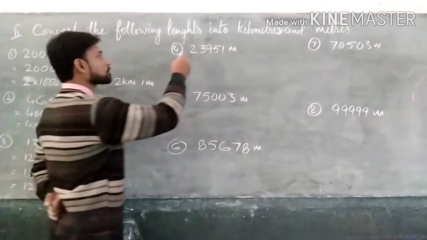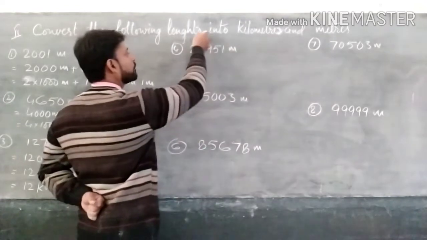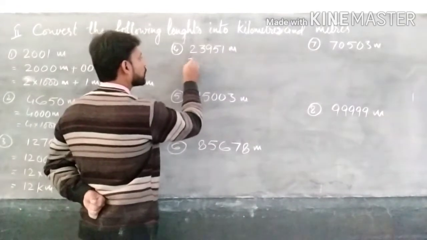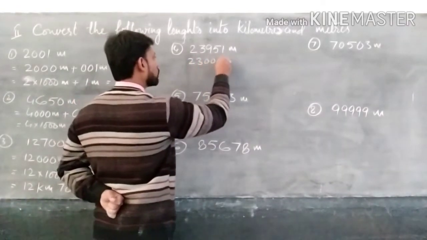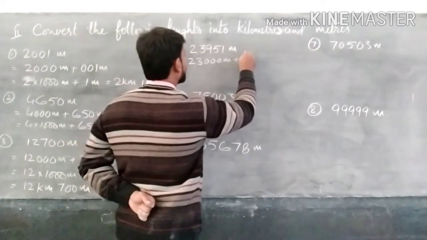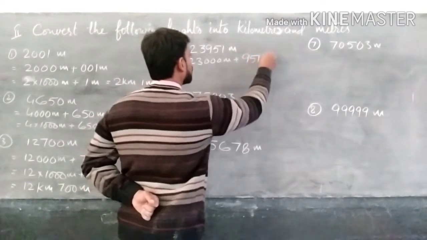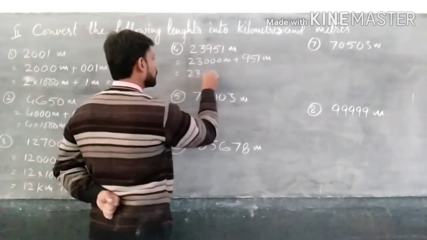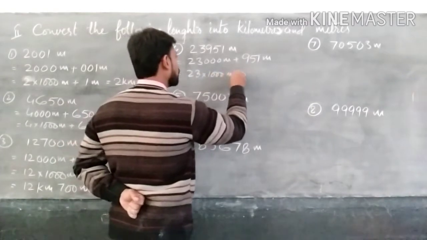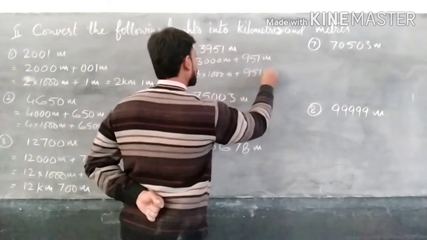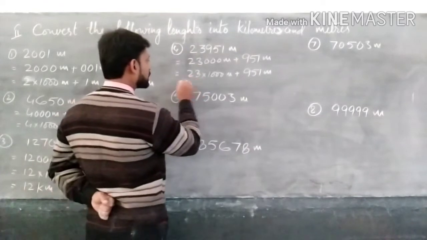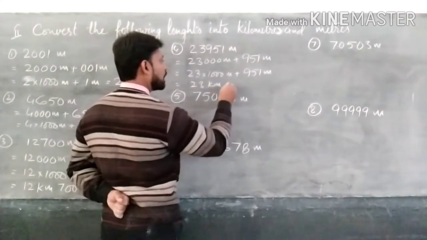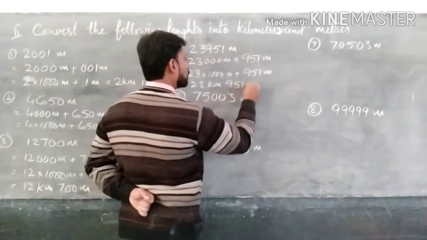Now next question, again we have to divide this after 3 places. 1, 2, 3, this one. So 23000 meters plus 951 meters. This can be written as 23 into 1000 meters plus 951 meters. That can be written as 23 kilometers and 951 meters.